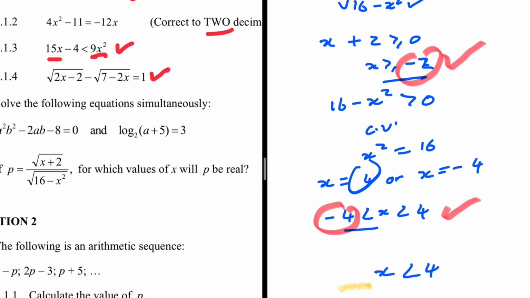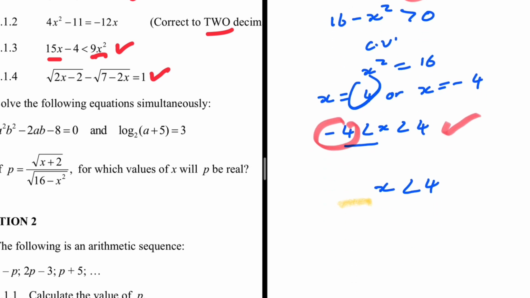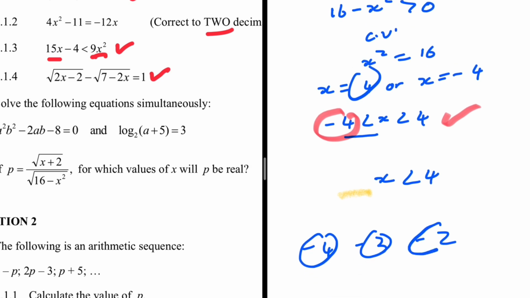It's quite an interesting case, because think about this. We have minus 4, minus 3, minus 2. One of the conditions is that x must be greater than minus 4, so it can be minus 3. But the numerator is saying no, we need x to be greater or equal to minus 2.